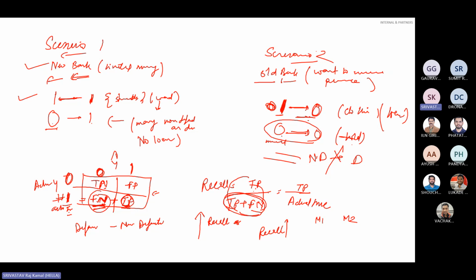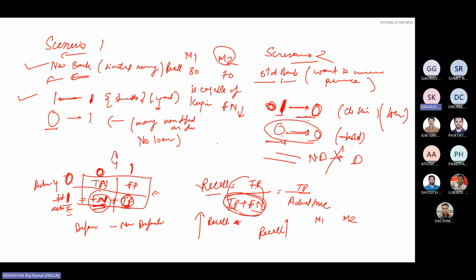While doing so, the recall would be increased. Therefore, if we have two models M1 and M2, with recall of say 80 and 70, I would say model M1 is capable of keeping false negatives lesser as compared to model 2.